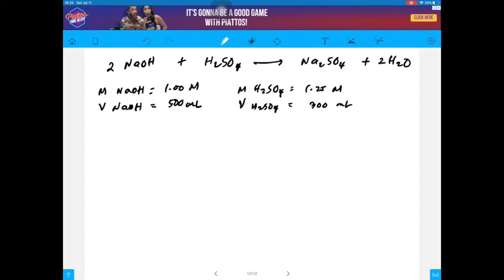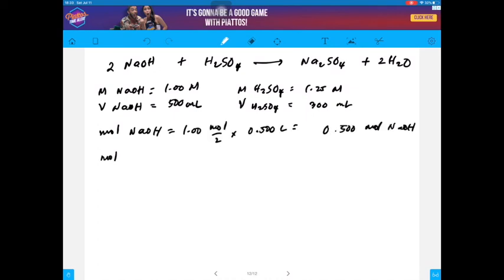The answer is we have to convert everything to moles first. So same with the previous example, the moles of sodium hydroxide would then be 0.5 moles. In the case of sulfuric acid, we also have the same number of moles as the previous example.